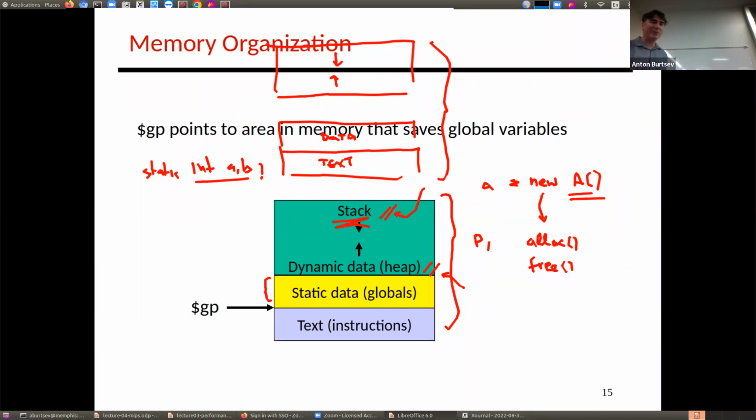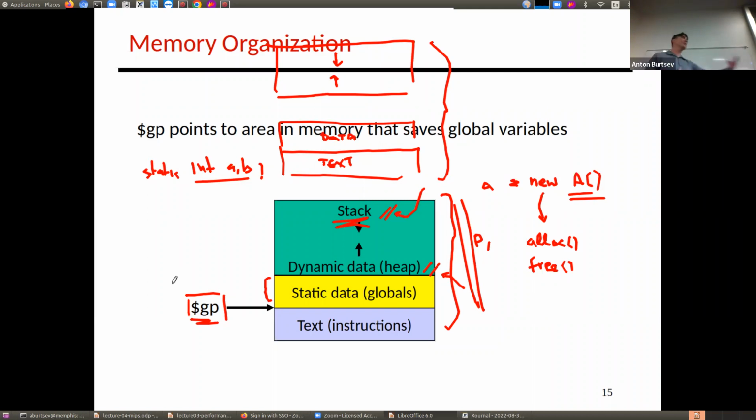The highlight of this slide is important, so I really ask you to remember at least some version of this picture. However, an additional bit of information here is that this MIPS architecture has a special register.